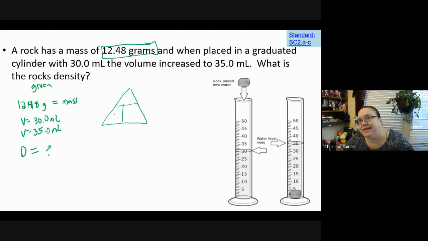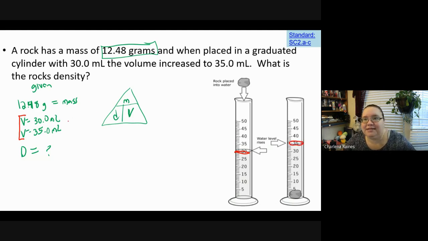So to find my density, I have to have a mass over volume. Do not assume you add your numbers. You're going to have to actually read the words to see what you need to do. My initial volume was 30. My volume with my object was 35.